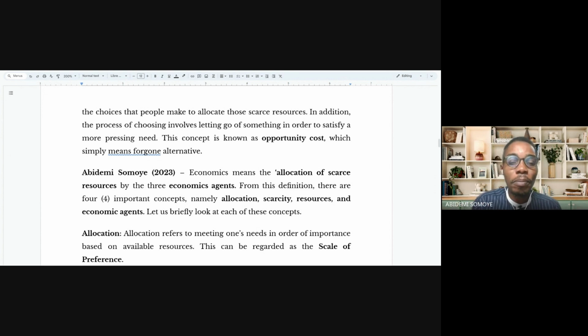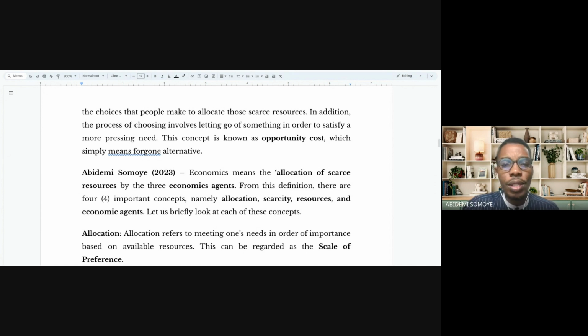And so I talked about the next one. I talked about a definition by Alfred Marshall. Alfred Marshall's definition relates to what we usually call the welfare definition of economics. One of the reasons why you work is so that your needs can be met. At least you need to have those of your basic needs met.